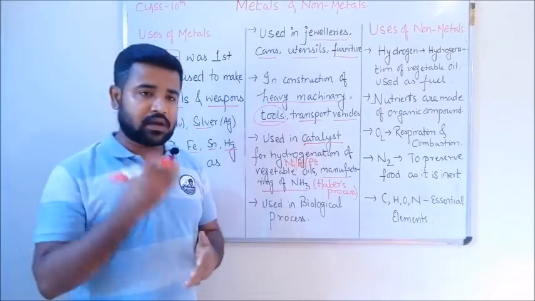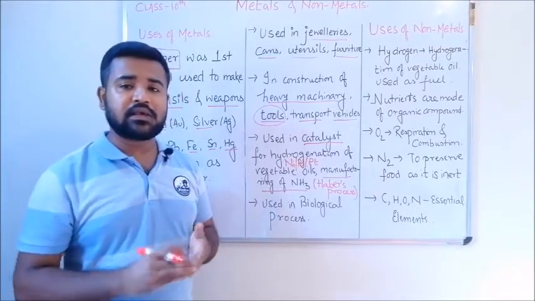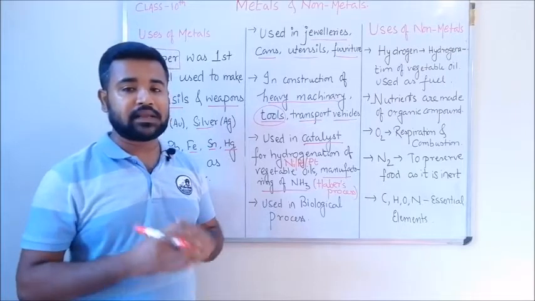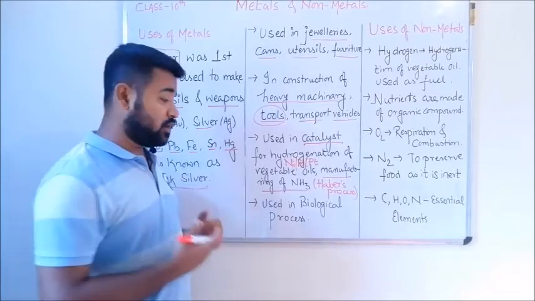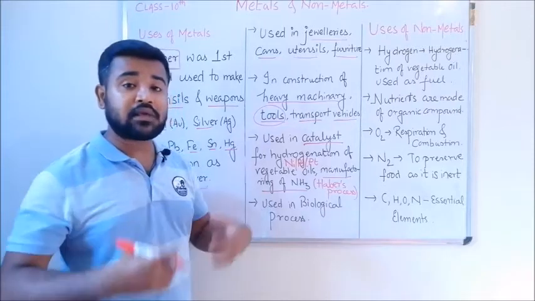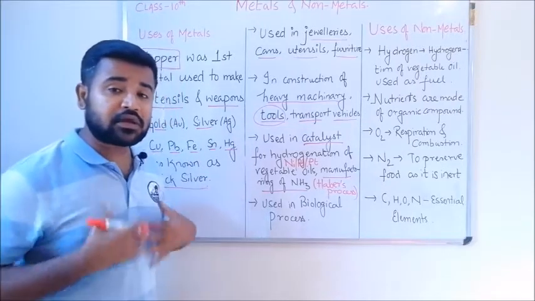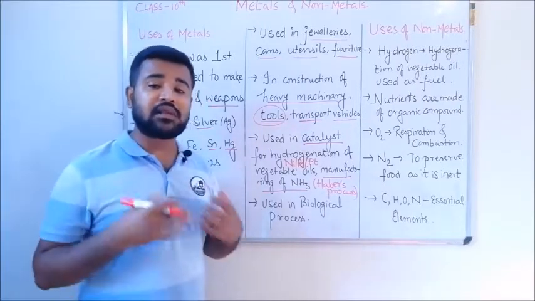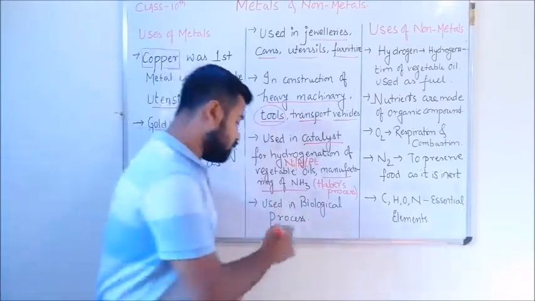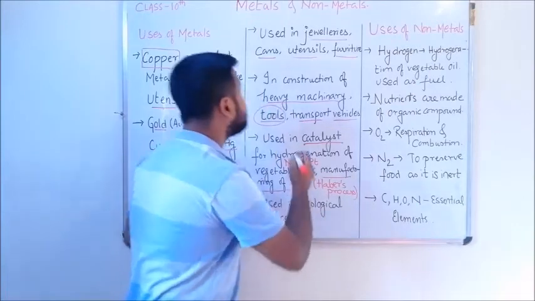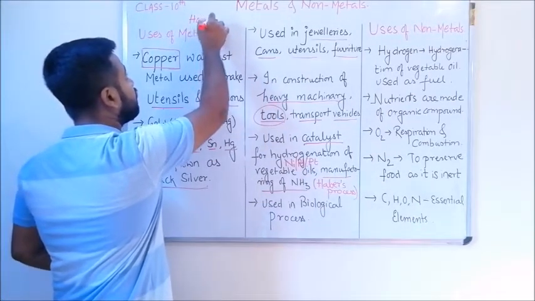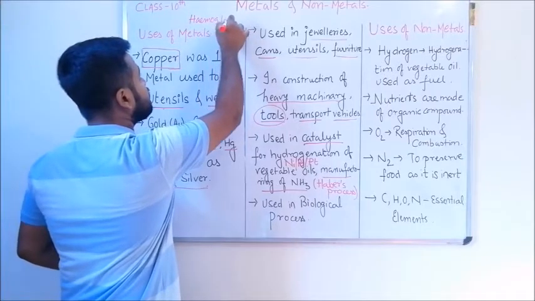If this iron content decreases, it affects us, and the disease is called anemia. So we can see that these metals also have some importance in our biological processes. Our biological process is incomplete without this metal. Similarly, in hemoglobin there is Fe.